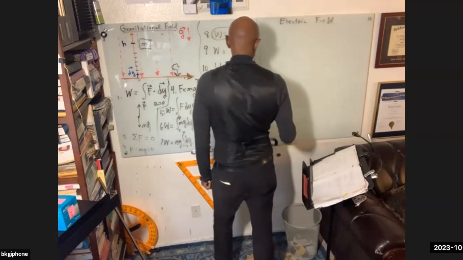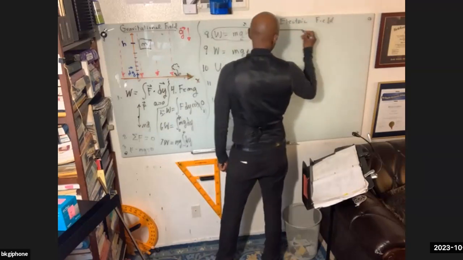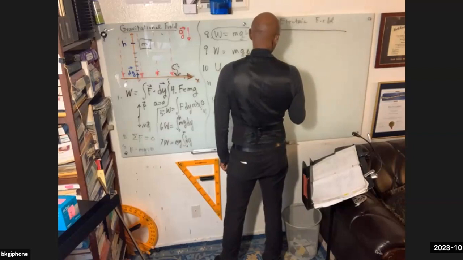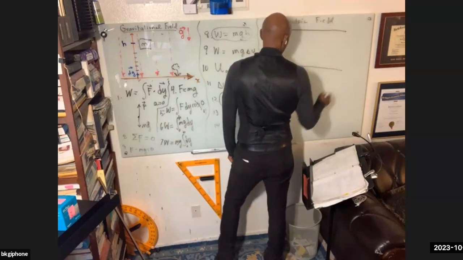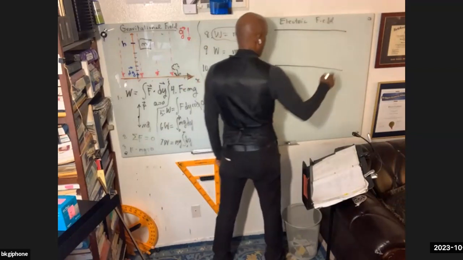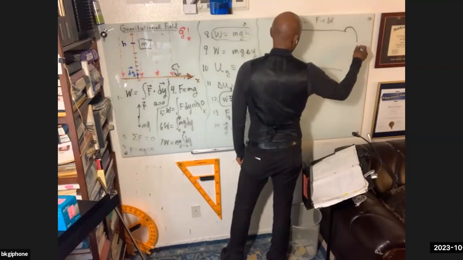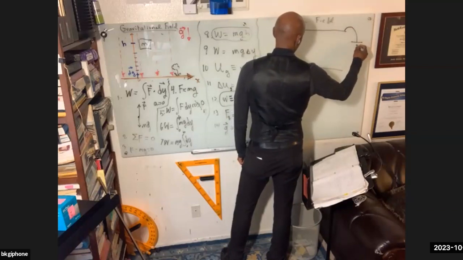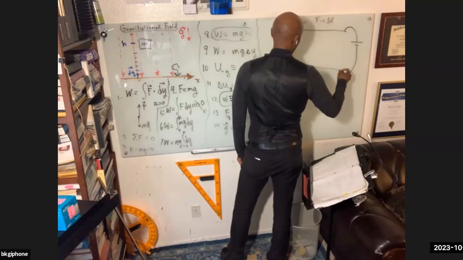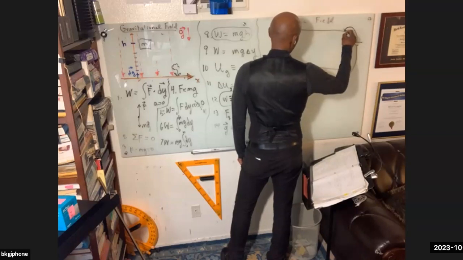Now we'll talk about how to create a charged capacitor plate next chapter, like I said. But for now, let's just say that we have this thing connected to a battery. We have electrodes here. I guess we have to have the circuit complete.